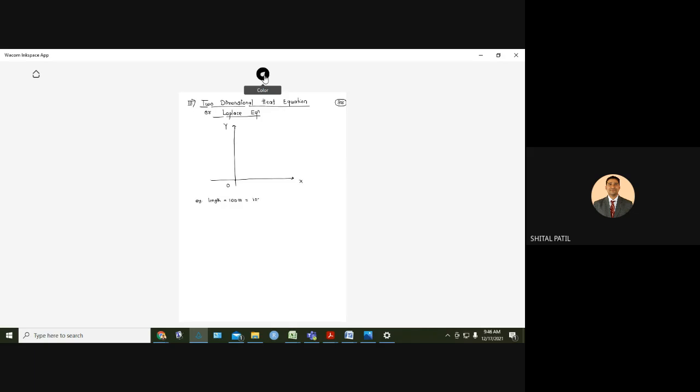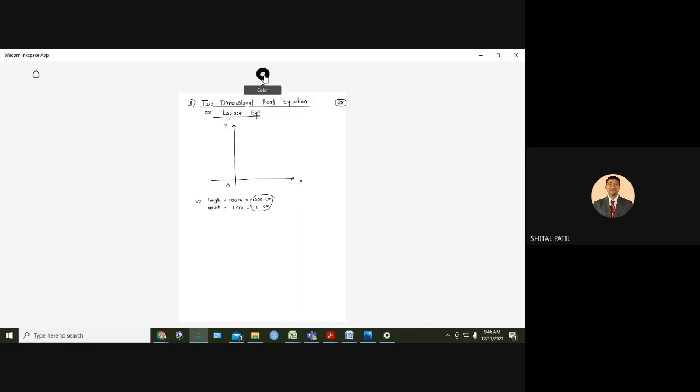If I want to write it in centimeters, it is 1000 centimeters. Whereas suppose the width is very small. Again, all these are for example, say just 1 centimeter. So as compared to the length, the width is very small.